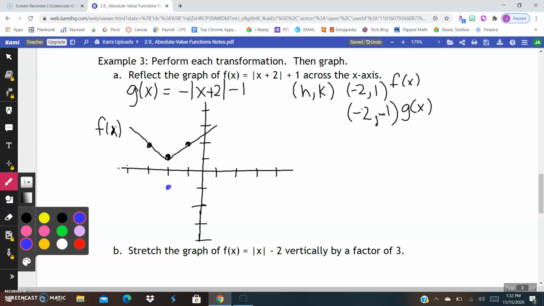This other point is 2 up from -1, so we're going to go 2 down from -1. And the same thing with the point on the left-hand side, it's 2 up, so we're going to go 2 down over here. And that would give us g of x. And then we can look, that ordered pair is -2, -1. And if you look right here, that's what the ordered pair from our new function that we wrote was for our vertex. So we know we got that right.